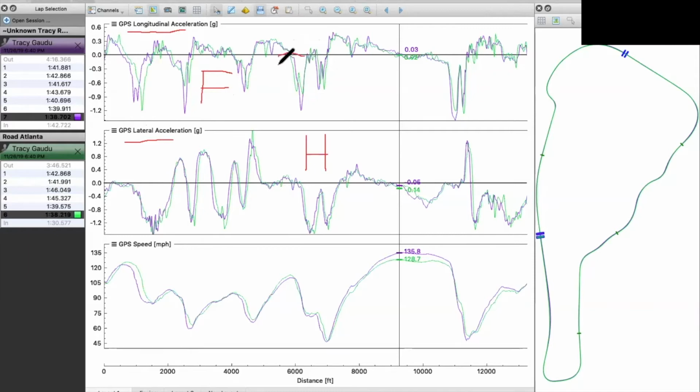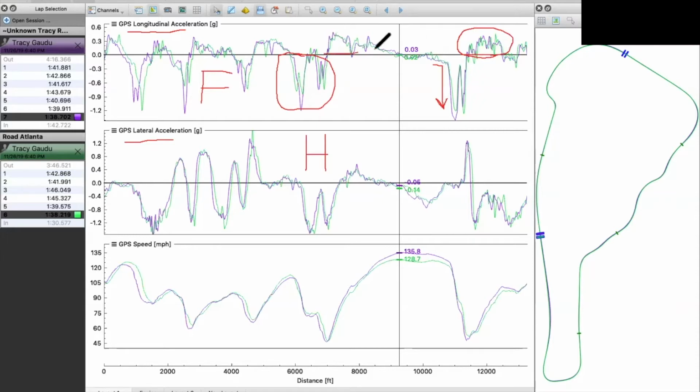Below this 0 line is a decelerating event. In a lot of cases, a braking event, especially when it's very steep. Above the 0 line is an accelerating event, which could be a combination of going down the hill, going flat on the gas, or slowly accelerating coming out of a shorter corner.